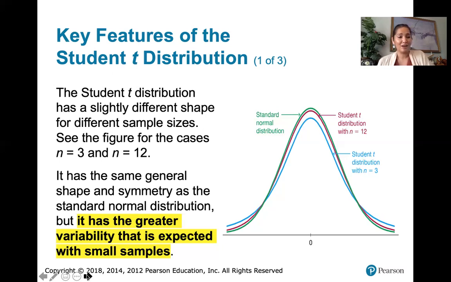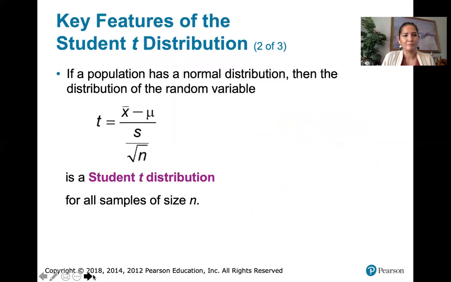Or if I'm choosing 100 values, I'm going to have even less variability. So when we have small sample sizes, we're expecting more variation, and that variation is expressed in the spread of these student t distributions that are associated with different sample sizes.